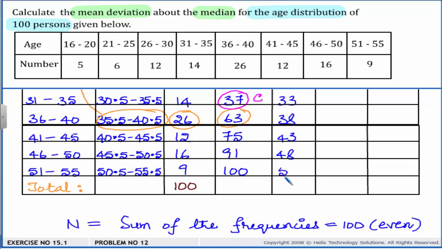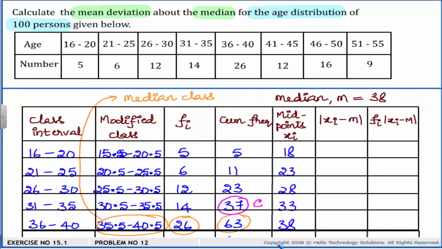These are the midpoints. Now let us find out the absolute values of the deviations from the median, that is modulus of xi minus m. Here modulus of 18 minus 38 is equal to modulus of minus 20 is equal to 20.